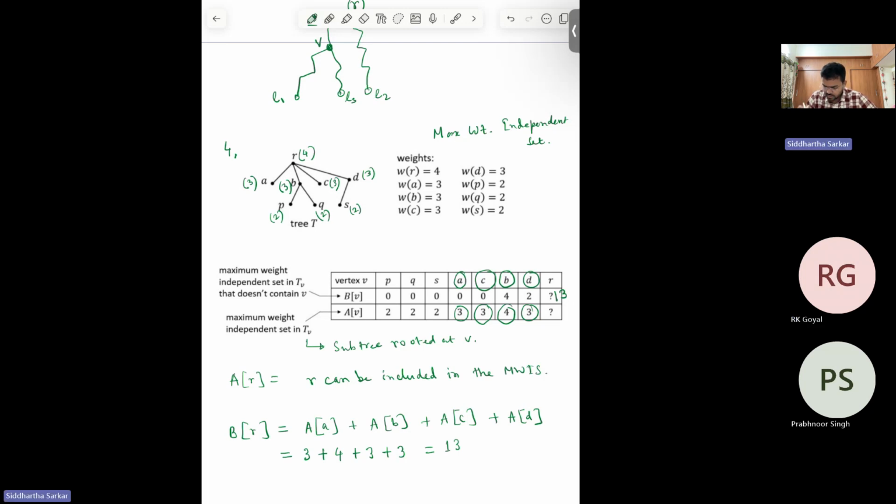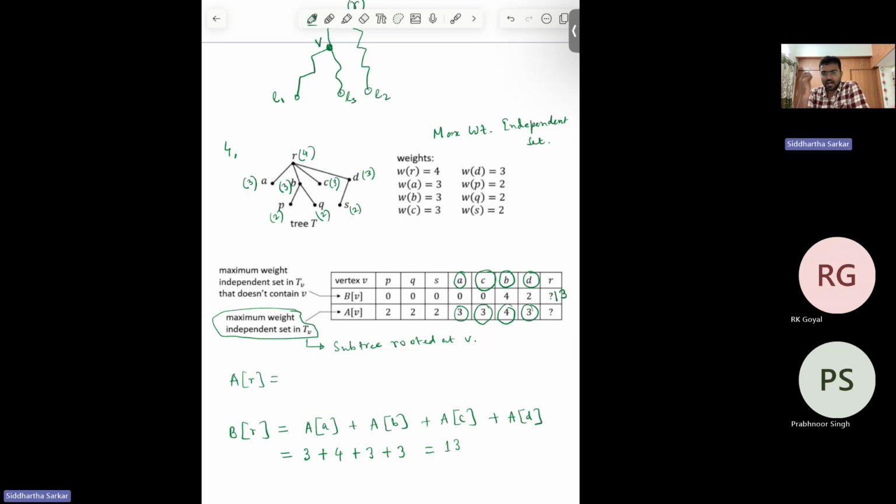That is the definition. But if you take R, then you do not take any of its children. If you take R, then you cannot take A, B, C, D, but at the grandchildren level you can take. So there are two possibilities. Either you take R or you don't take R.